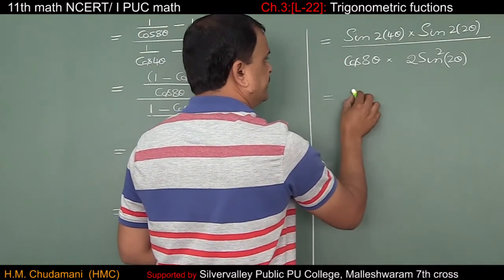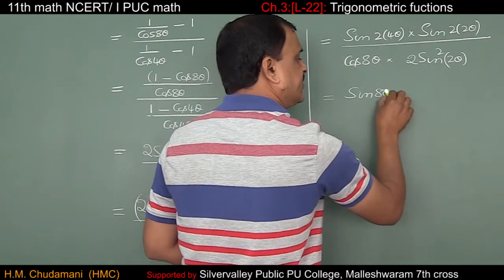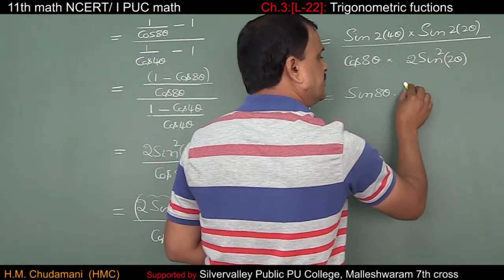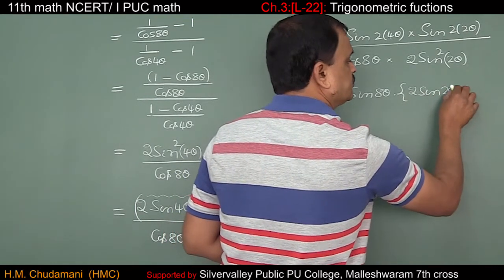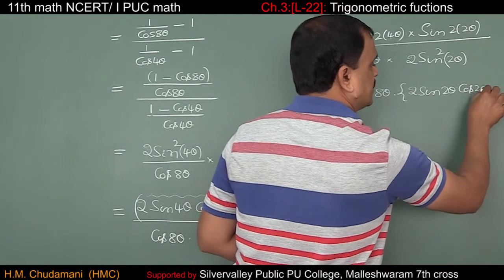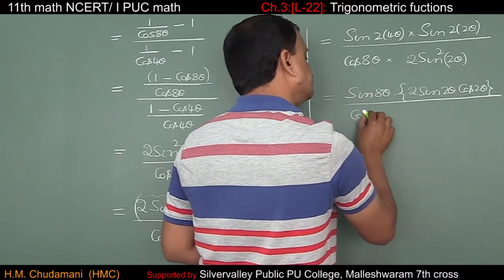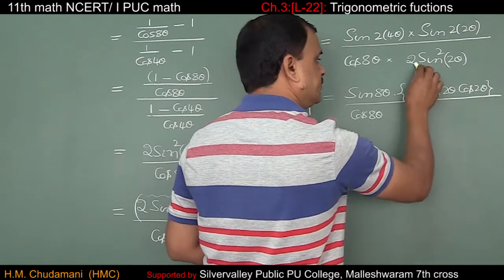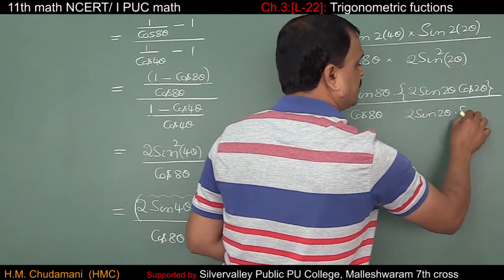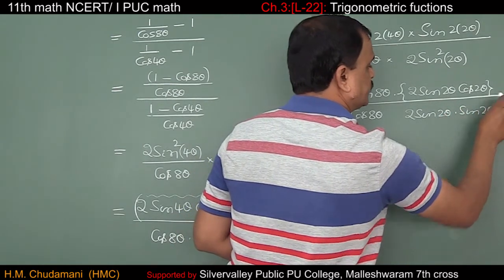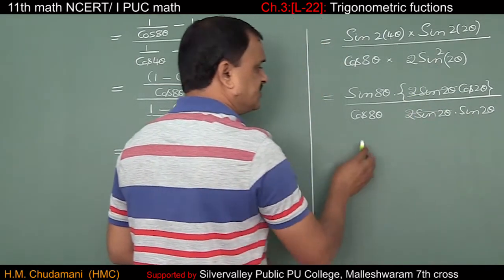So now this is equal to sine 2 into 4, that is 8 theta, sine 2 theta formula 2 sine 2 theta into cos 2 theta whole divided by cos 8 theta, 2 sine square 2 theta can be written as sine 2 theta into sine 2 theta. This and this gets cancelled.